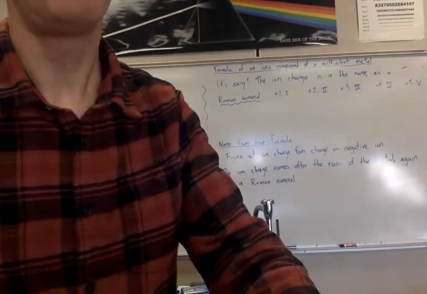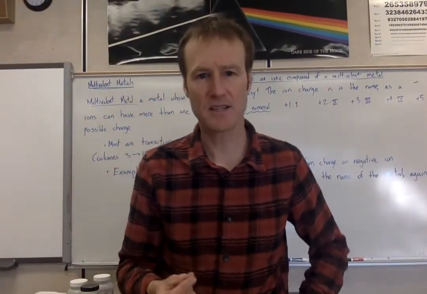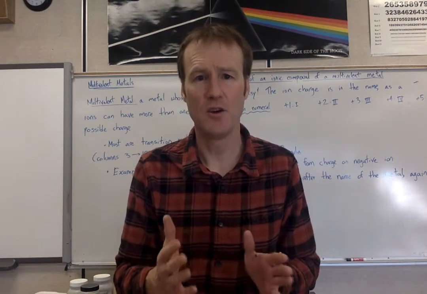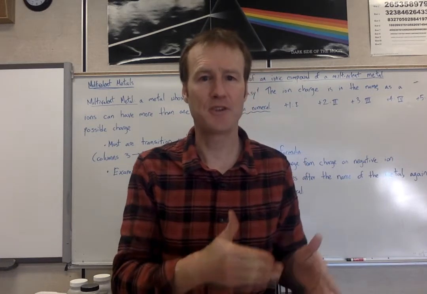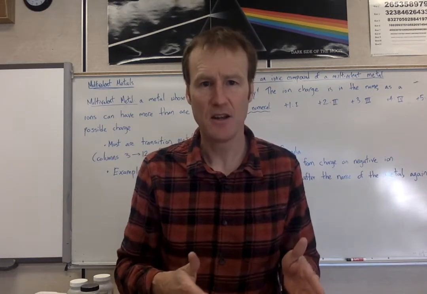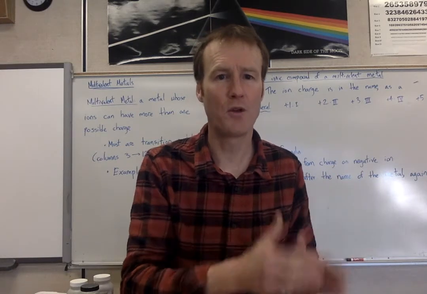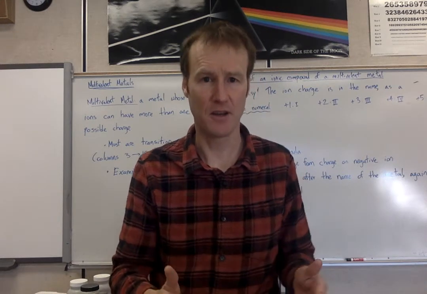It's not like a given atom of copper is somehow destined to become copper 2+ or copper 1+. No, any atom of copper can become either one. It depends on what it's reacting with and the exact circumstances of the reaction. Copper can become more than one possible stable ion, so copper is multivalent.